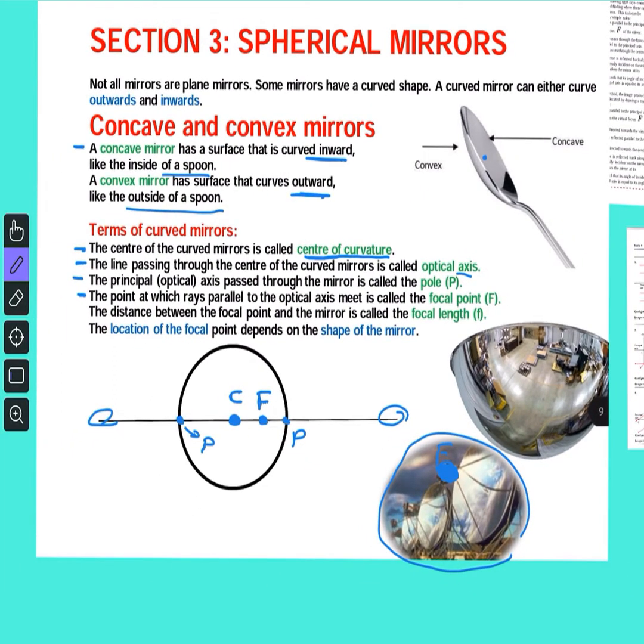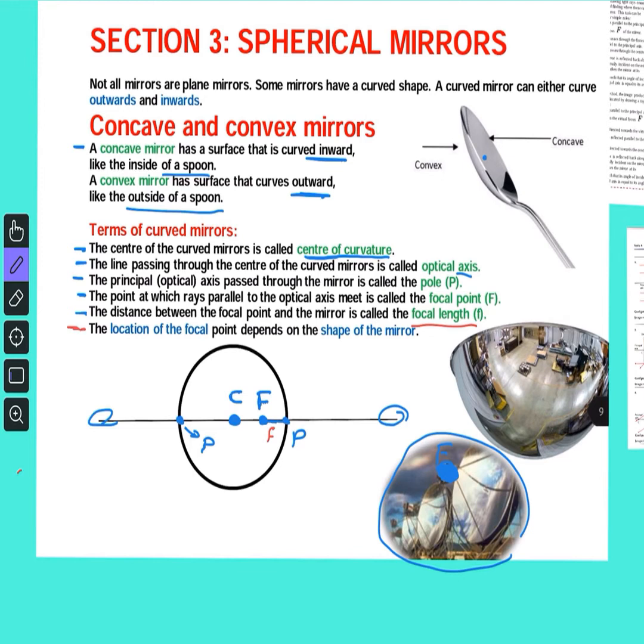And the distance from the focal point to the mirror, to the pole, we call the focal length, guys, small f, not capital F. The location of the focal point depends on the shape of the mirror.